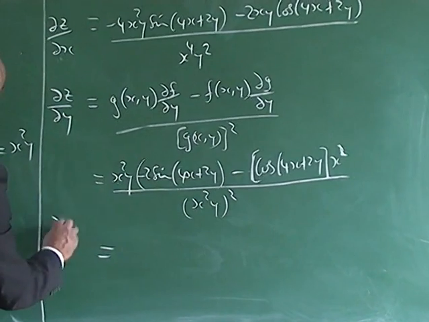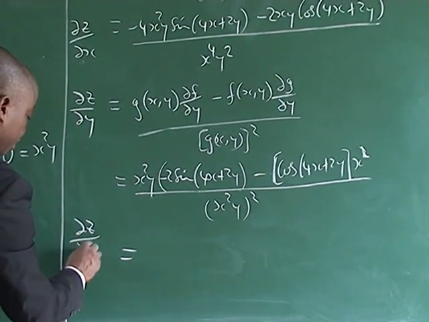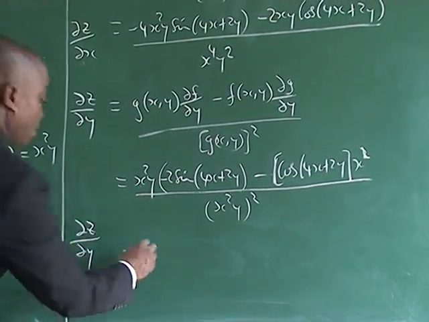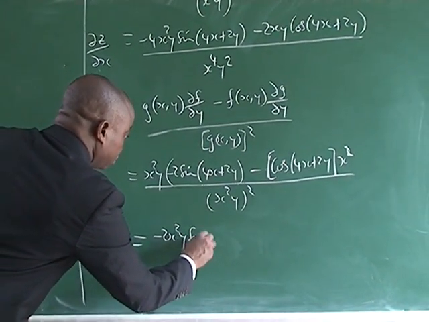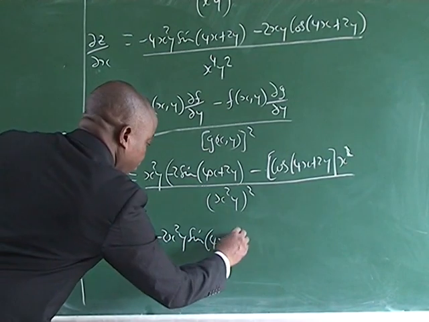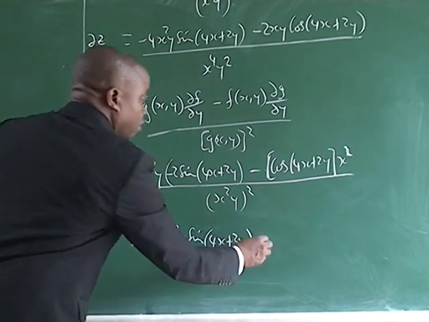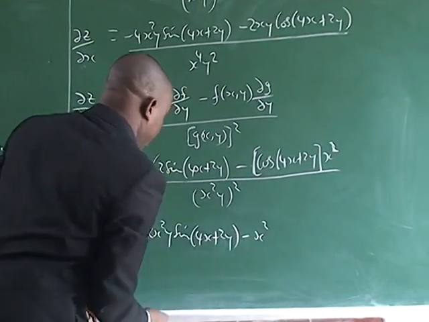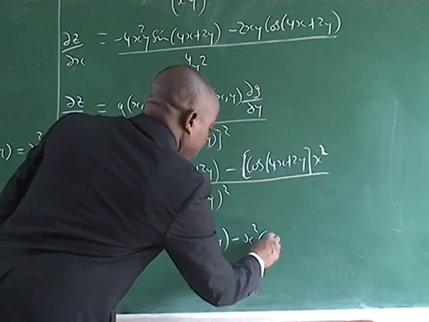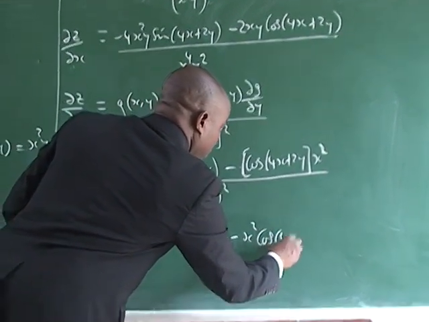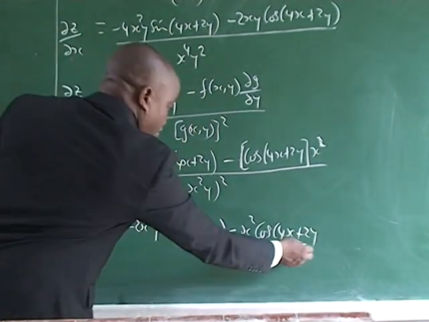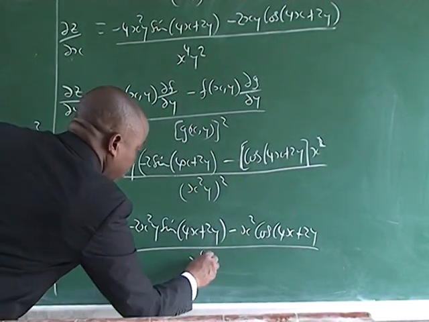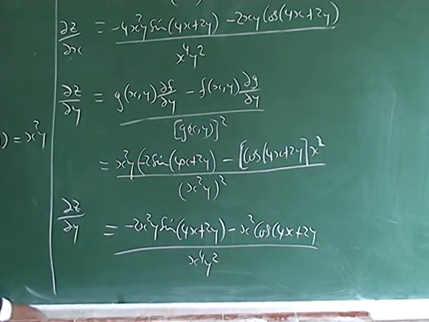So partial z, partial y will give me minus 2x squared y sine 4x plus 2y minus x squared cos 4x plus 2y over x raised to the power 4 y squared.